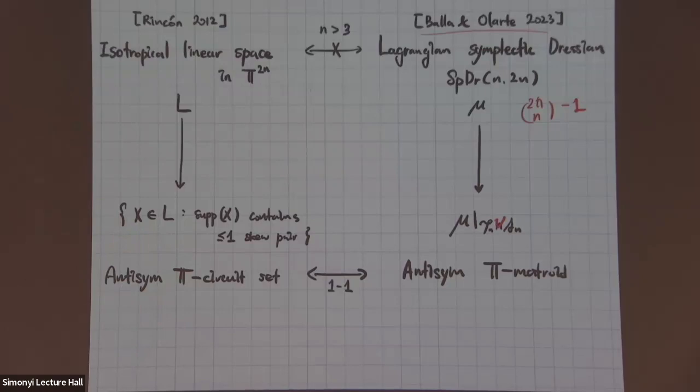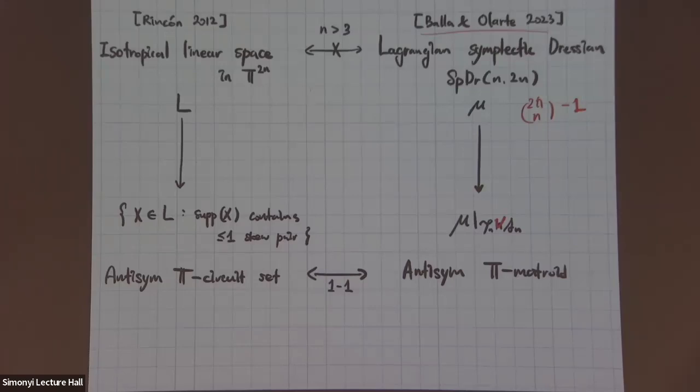And also, it's related to the paper by Rincón and Olarte, who extend the definition a little bit and define the isotropical linear space. This is nothing but a tropical linear space with some orthogonality condition in the tropical hyperfield, or tropical sense.